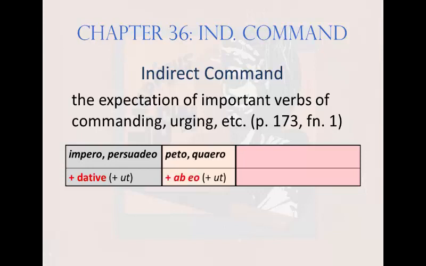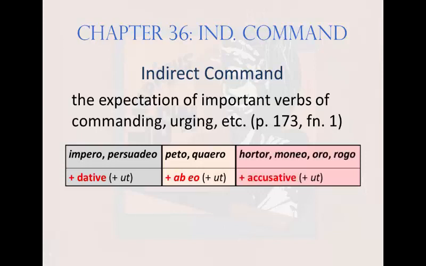Conversely, a verb like peto or quaero, they both mean seek, calls for a prepositional phrase using ab, meaning from. Naturally, you seek from people that they do something. But most verbs that expect indirect commands, like most verbs in Latin, take accusative direct objects, even when they're deponent.